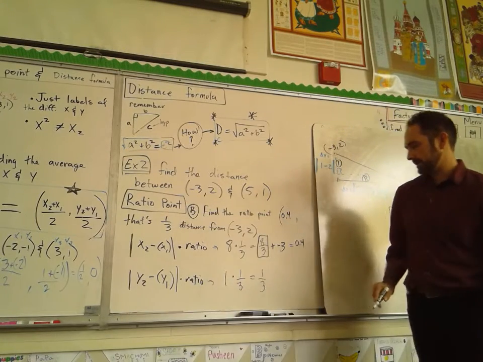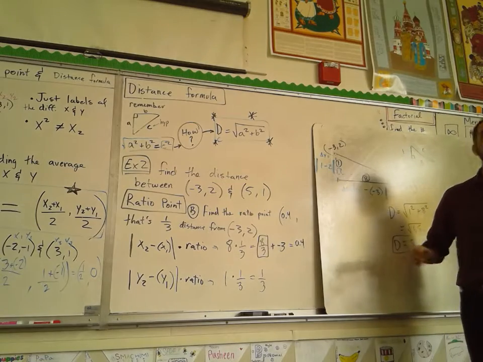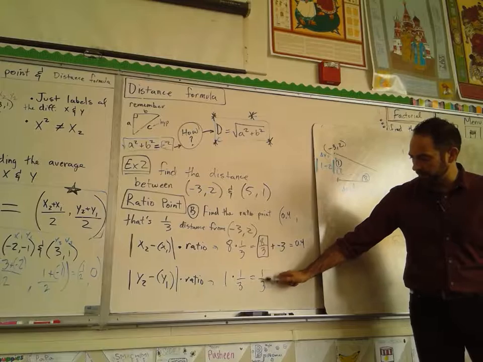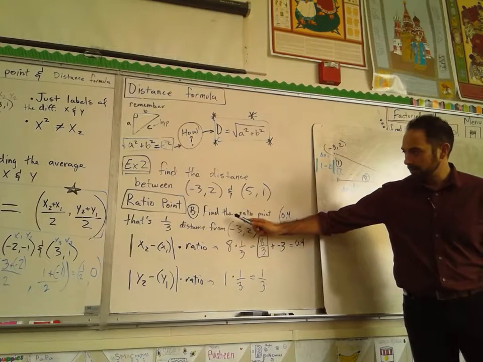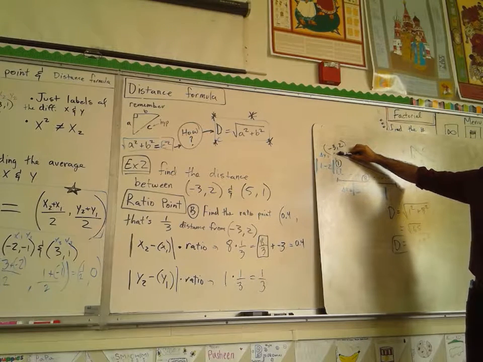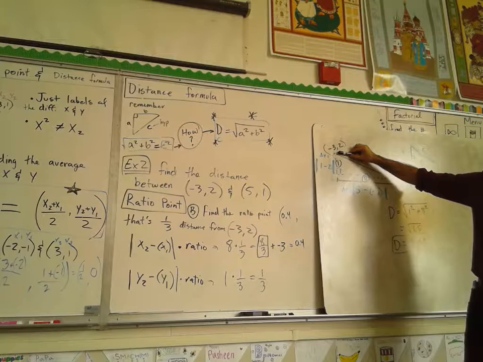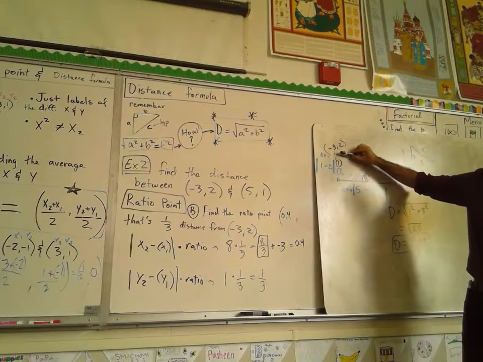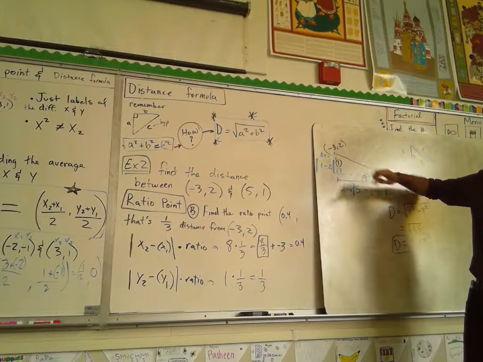And let's see what we have to do with the y. This is different. We're moving 1/3 of the way down this line, but I'm starting at the y value of 2. Since I'm starting at 2, am I going to add my 1/3 above it or below it? Below.